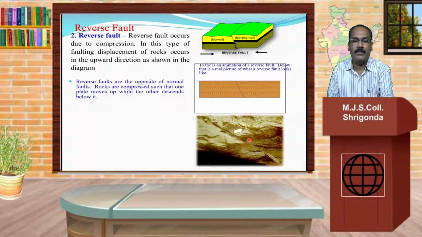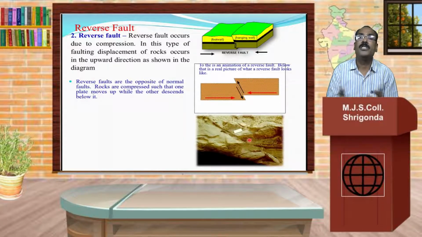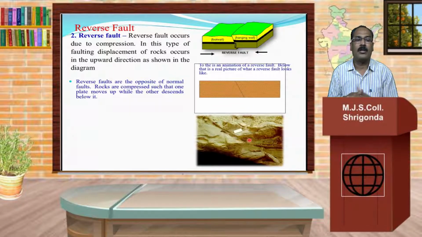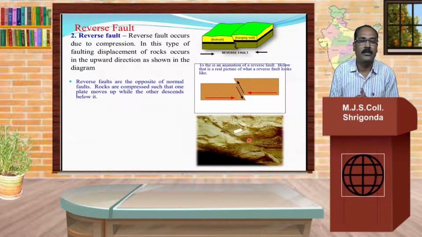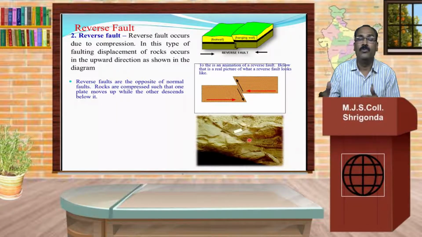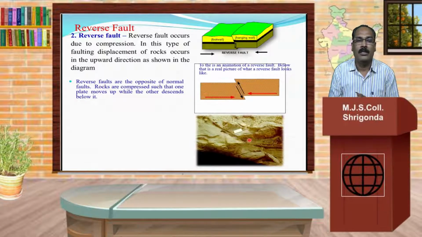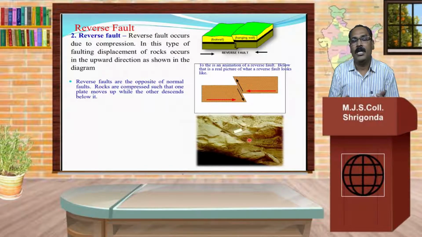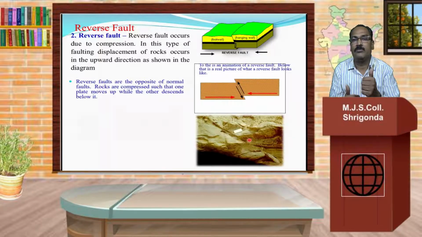Here are photographs. Reverse faults are the opposite of normal faults. Rocks are compressed such that one plate moves upward while the other descends below it. One plate moves upward and another plate moves downward.